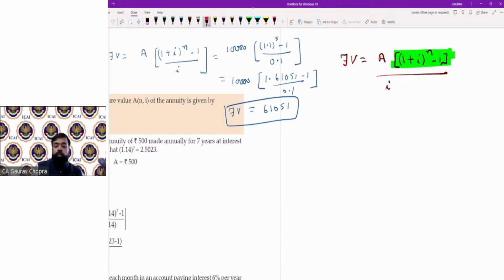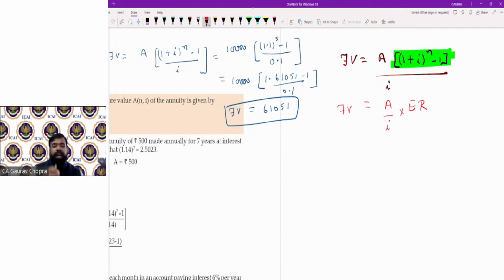So A upon i multiplied by the effective rate, and you will get the future value. Since it is the formula for effective rate, it is 1 plus i whole to the power of n minus 1. So this is the process in which we can calculate future value. So this is a shortcut method, a shortcut formula with which we can calculate future value.